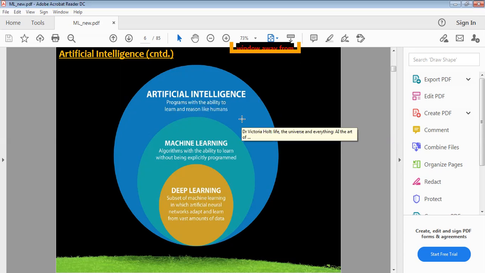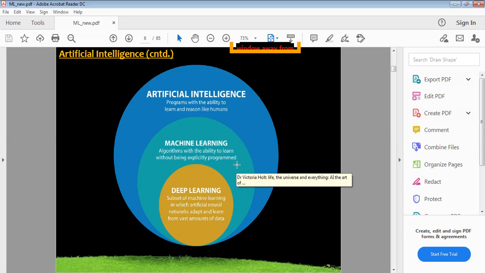So if you want to make the machine think like a human, each and every program should consist of steps. Following steps should be given, starting from input to get the output. That set of steps to perform the action, we call an algorithm. So machine learning is an algorithm with the ability to learn without being explicitly programmed.